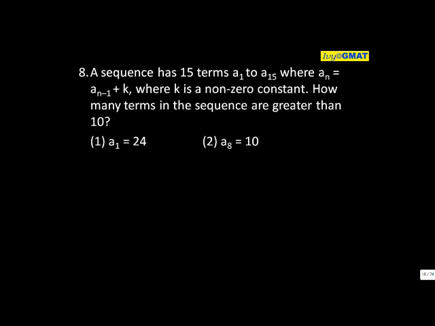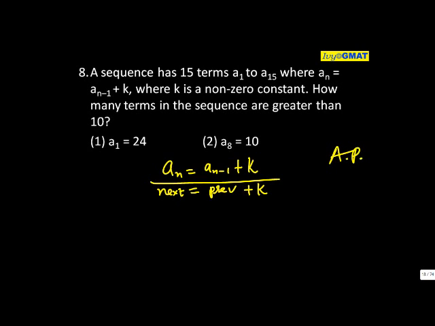Now let's see, I am given a_n is equal to a_(n-1) plus k. What kind of a series is this? This is the previous term plus something is equal to the next term. Is this an arithmetic progression, AP? Add something to the previous term, then I get the next term.